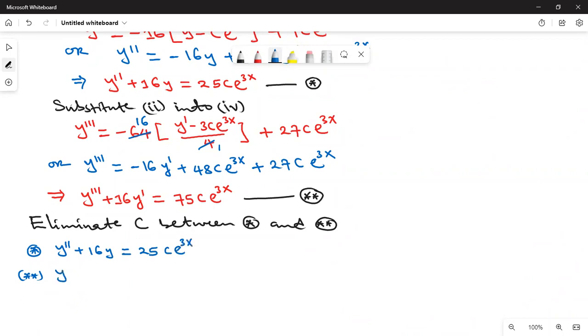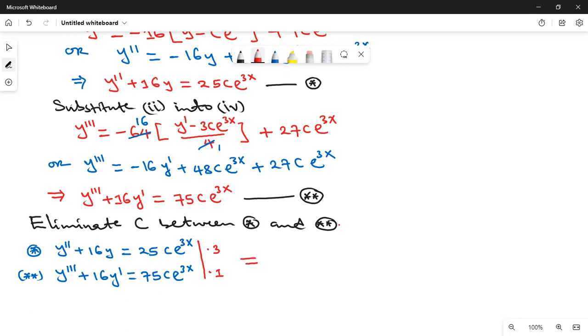The other one is y third prime plus 16y prime is equal to 75c exponential 3x. So what I'll do here is to multiply this equation by 3 and this you multiply by 1.